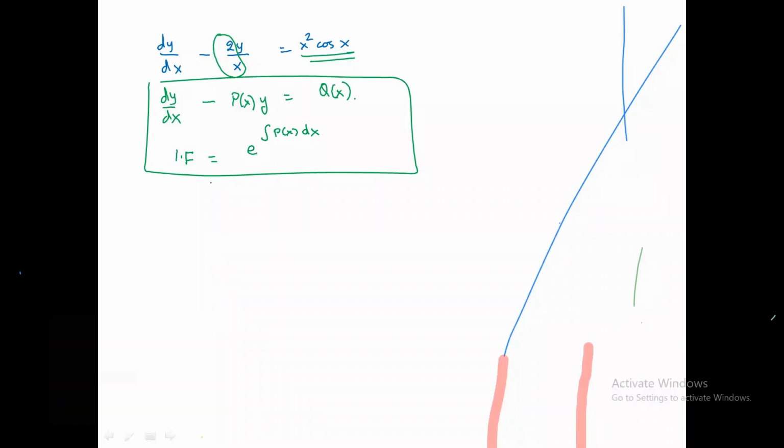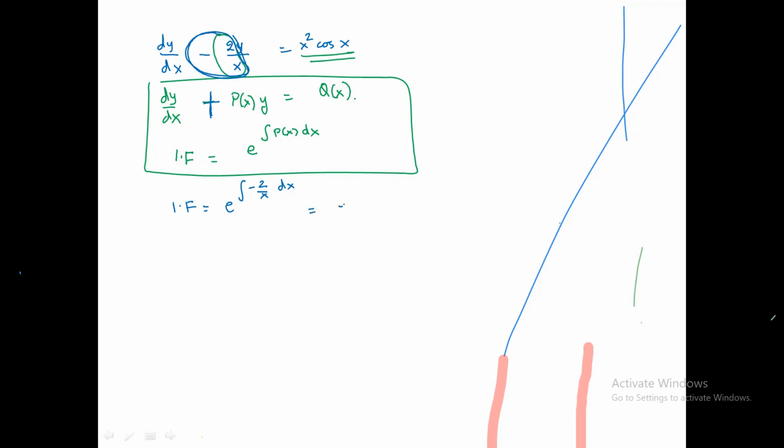So if I compare, my integrating factor here will be e^(∫−2/x dx), taking this entire thing as p(x) based on the formula.